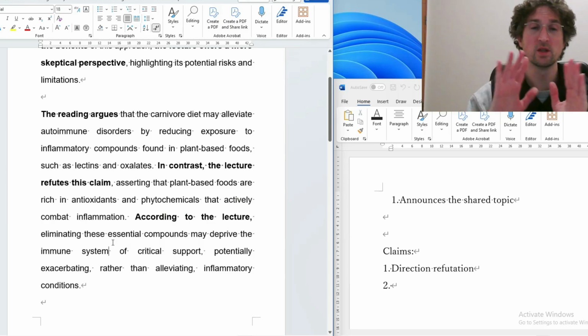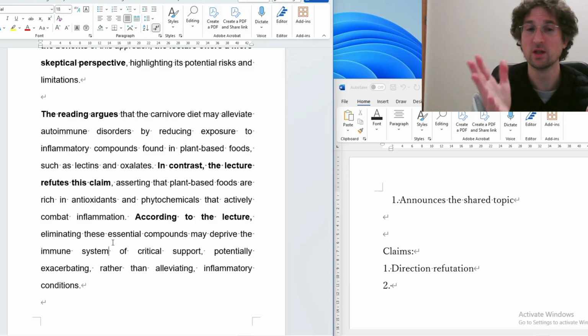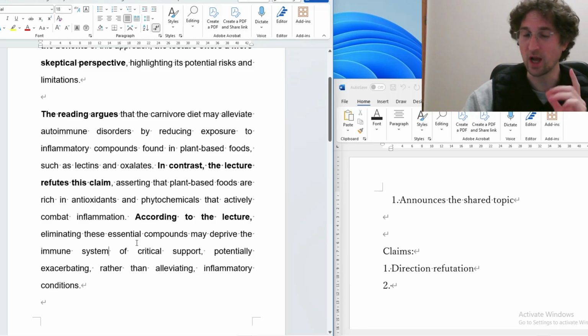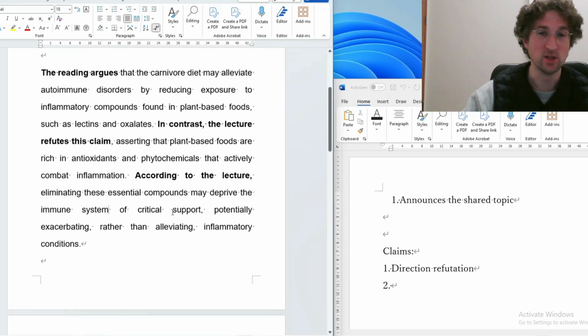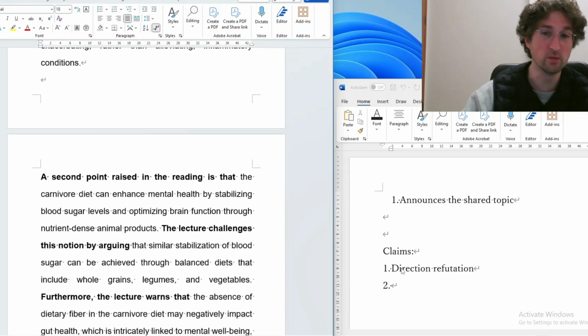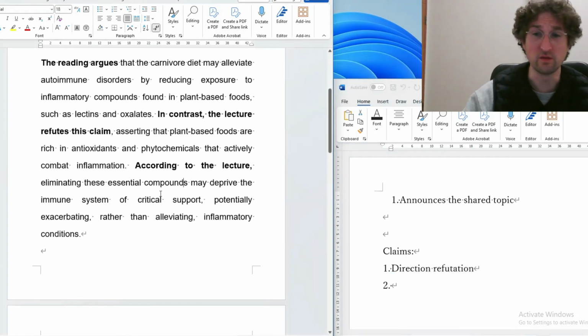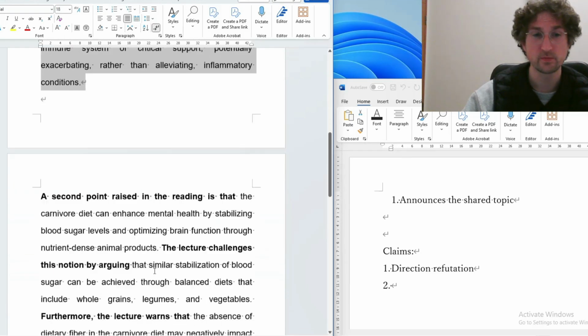By the way, guys, I'm not a doctor, I'm not a dietitian, I'm just reading the claims made by our two sources. I'm not taking a side, just for the record. Okay, so we found a little bit of direct refutation, and we had a kind of in fact, furthermore moment of more harm than good.